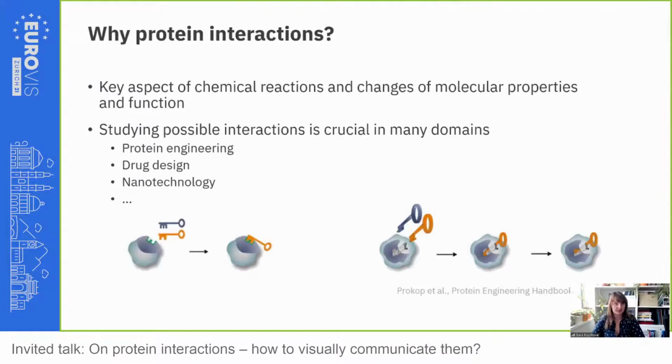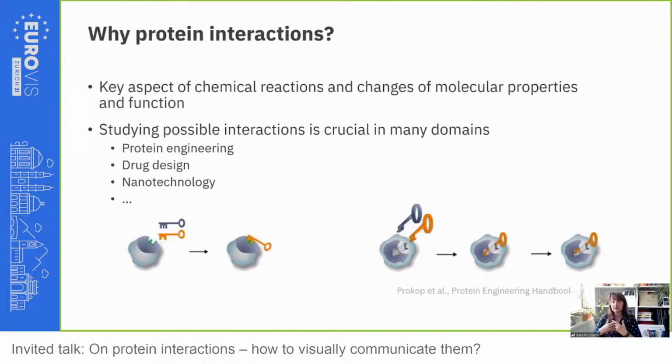I have here just a small depiction which quite nicely illustrates what the interaction can be about. On the left side, we can see an image where this small ball represents a protein, and the key represents some ligand molecule, which is supposed to interact with the protein.